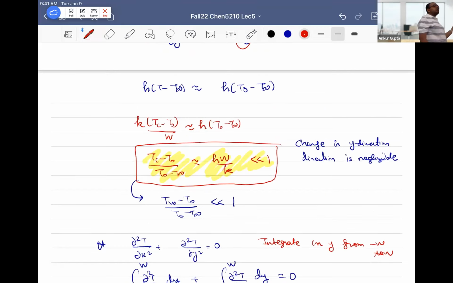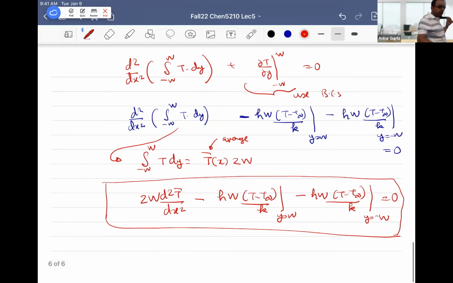So would you agree that the average temperature is equal to the local temperature because the change in y is negligible? So I can approximate the temperature at the walls to be the same as the average temperature. That was the whole idea of using orthogonal analysis: when you integrate out the y direction, you will get some boundary condition locally, but basically the average value is the same as the local value.